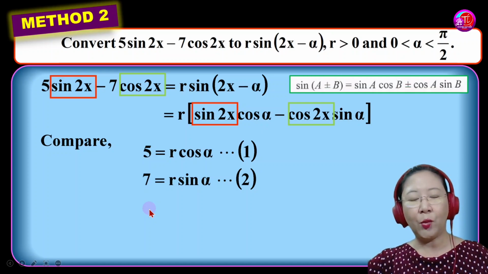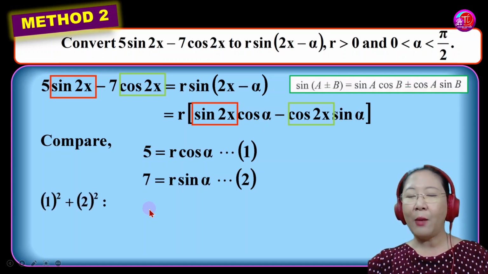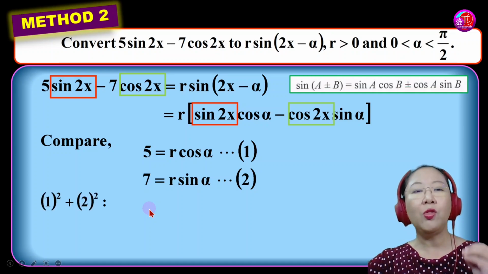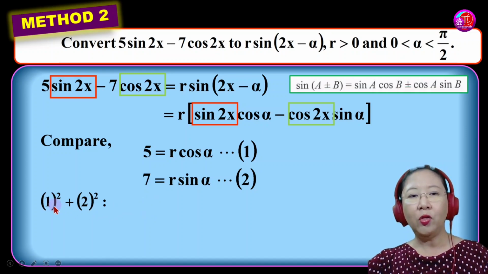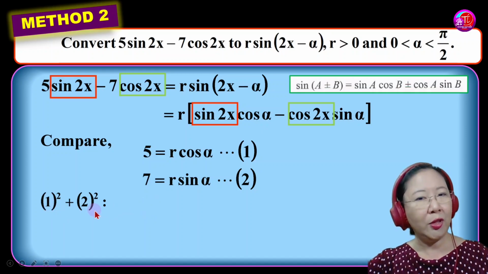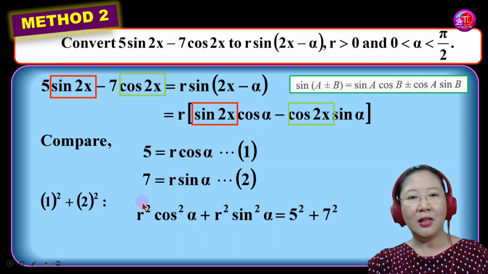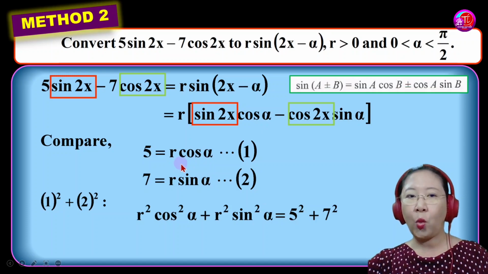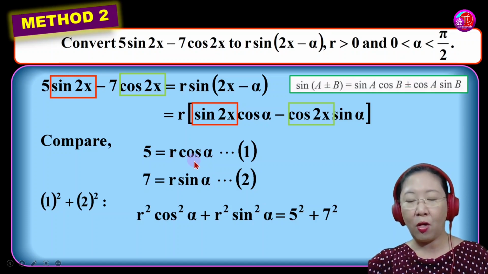Now, once you get equation 1 and 2, this time I'm not going to expand one by one, but I'm going to do it together. So I'm going to add them together. I will have this R squared cos theta. You have to remember that the squared belongs to both of them, the R and the cos, and so is for the R and the sine.